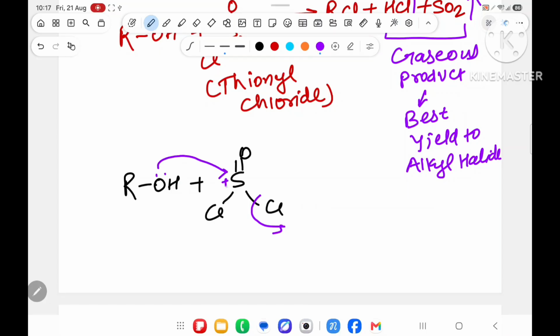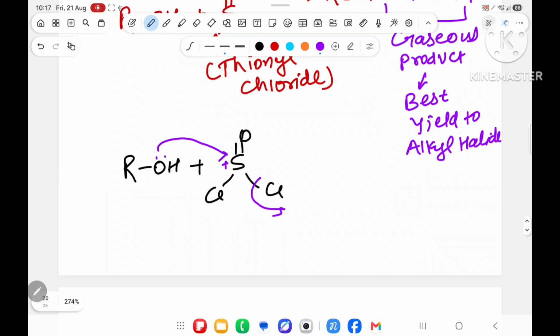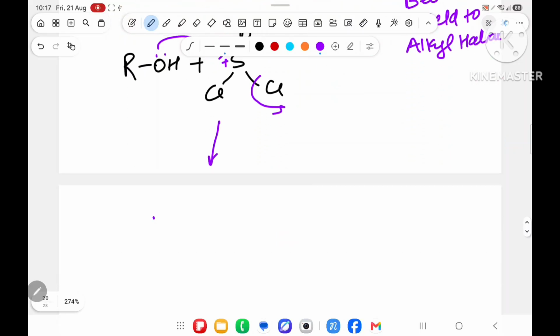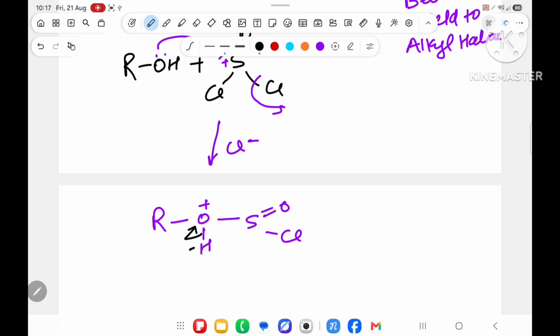After the attack of oxygen, it will become R, oxygen attacking, hydrogen is present, S double bond O, Cl. Now Cl minus is outside, and this oxygen has a positive charge, so the hydrogen will also leave, this plus and minus will react, and it will form RO, S double bond O, Cl plus HCl.